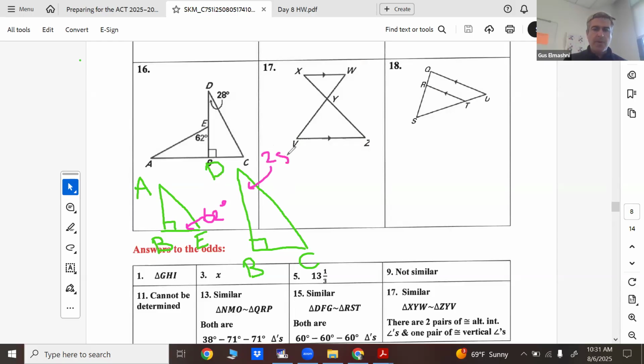Notice what I just did. I broke apart triangles like that. So try to look at 16 like that.